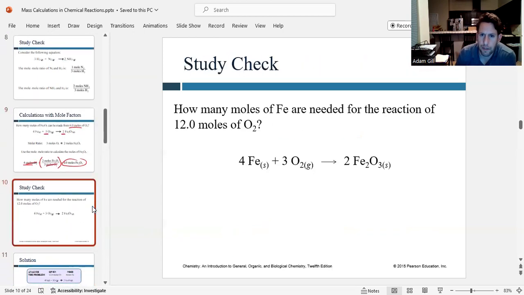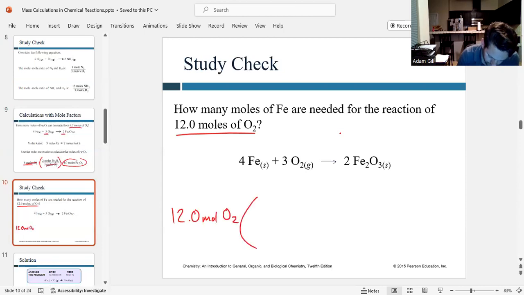Do another practice. How many moles of iron are needed for the reaction of 12 moles of O2? So let's start with the given value. 12 moles of O2. And we want moles of iron. So we're going to compare the iron and the O2. We want moles of O2 on the bottom.